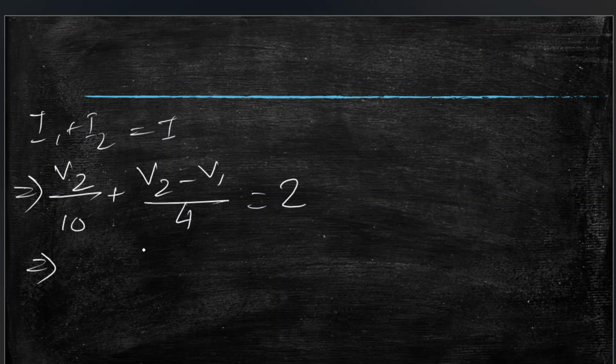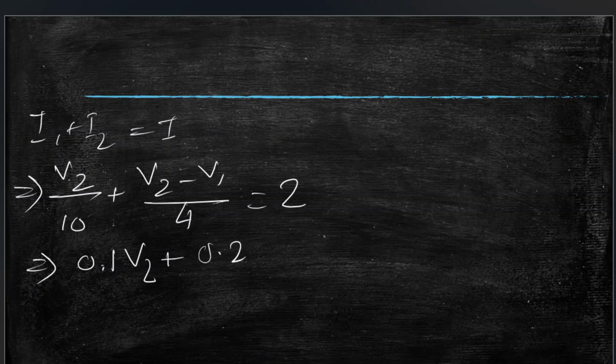Okay, again, let's break that down. So 1/10 is 0.1. So 0.1 V2 plus V2 over 4, right? V2 over 4 will be 0.25 V2 again.